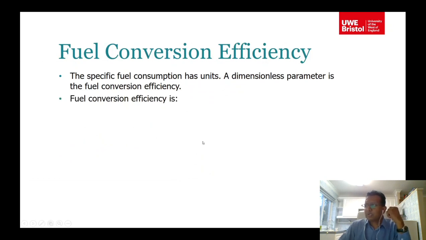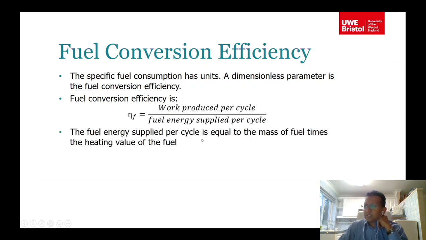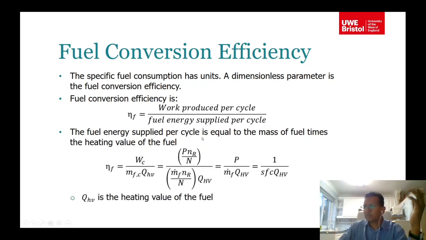So specific fuel consumption has units. A dimensionless parameter is more convenient. So the fuel conversion efficiency is work produced per cycle divided by fuel energy supplied per cycle. The fuel energy supplied per cycle is equal to the mass of fuel times the heating value of the fuel. So you write work per cycle, Wc, divided by mF times QHV.